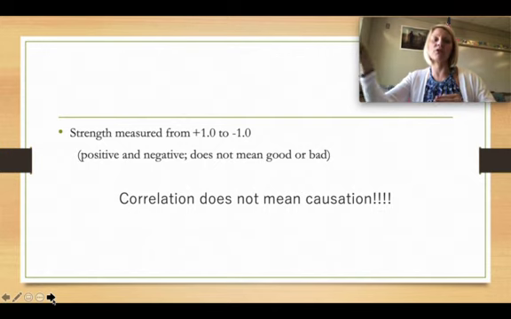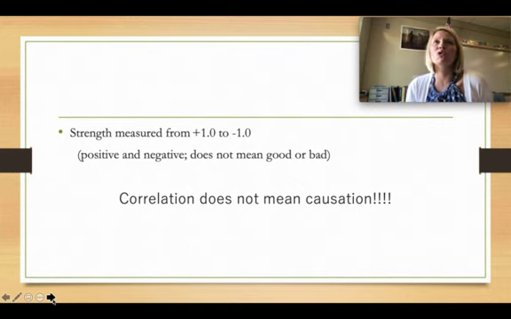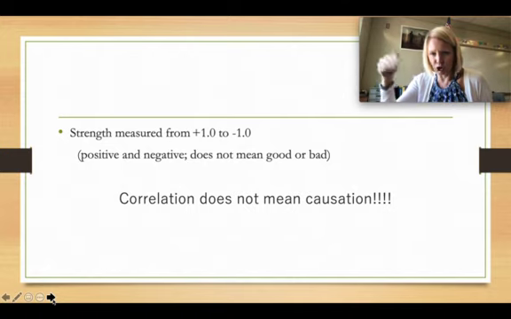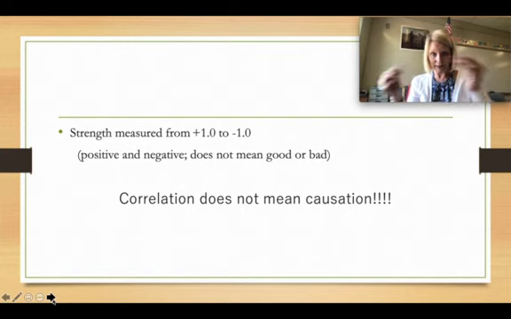It means closer to or further away. Closer to it being true or further away from it being true. It doesn't mean it's good, like yay, thumbs up, or bad, thumbs down. It means it's more correlated together or it's further apart.